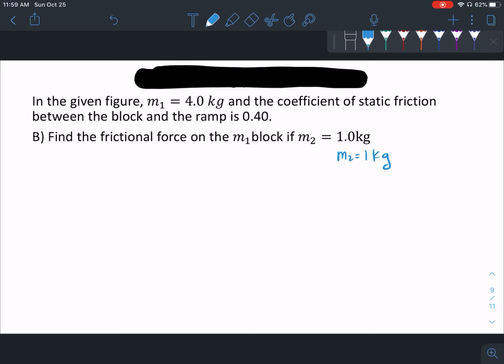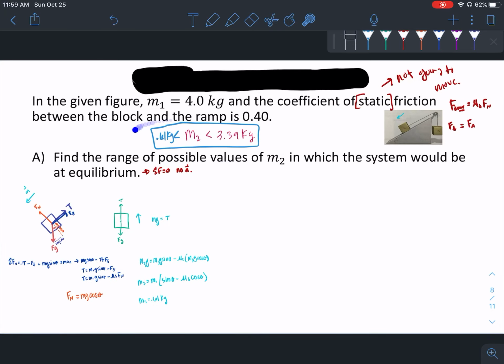Well, the very first thing you need to recognize is that 1 kilogram falls into this range. 1 kilogram falls into this range of it is perfectly at equilibrium. So it's not being pulled down, it's not being pulled up, it is at equilibrium here.